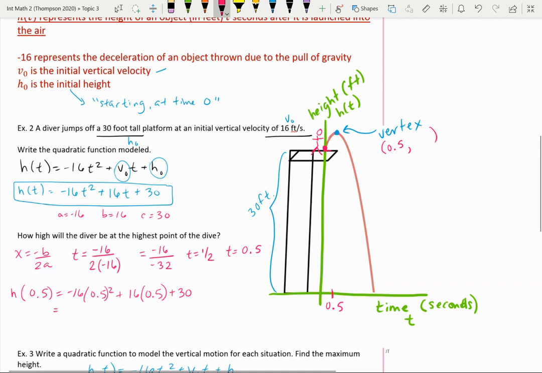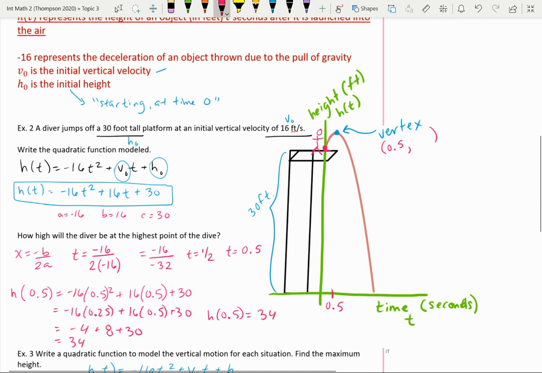And I use my order of operations to simplify the entire right-hand side. When I work through my order of operations, I get 34.